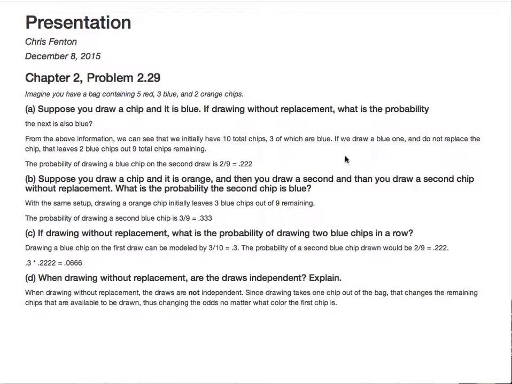So that's the probability, if the first happens, of drawing a second blue chip. If we multiply those two probabilities together, 0.3 times 0.222, we get 0.0666 repeating.